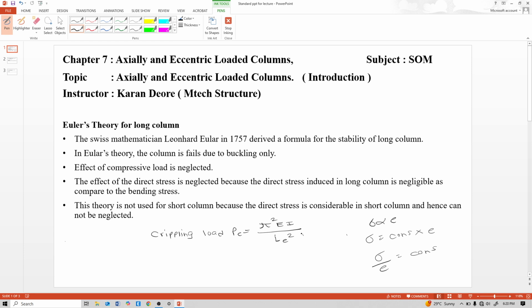And this I, moment of inertia, we had seen this also in our chapter 2, that moment of inertia we will see now. See the definition of moment of inertia.